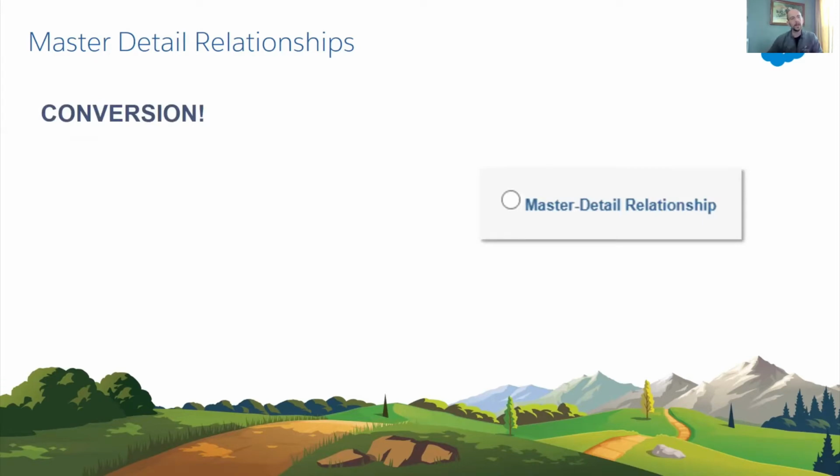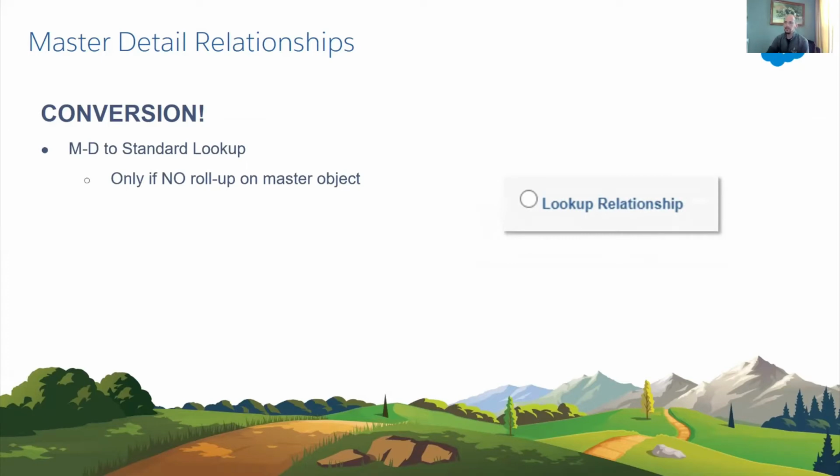So what happens if we have a lookup and we want to convert it to a master detail or vice versa? There are little tricks you have to follow. If you want to convert a master detail to a standard lookup, you can do it if there are 0 roll-up fields on that master record.